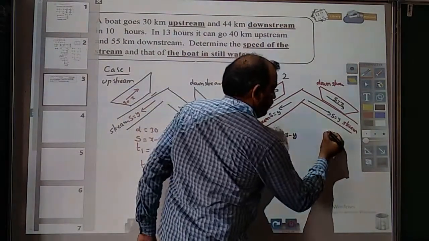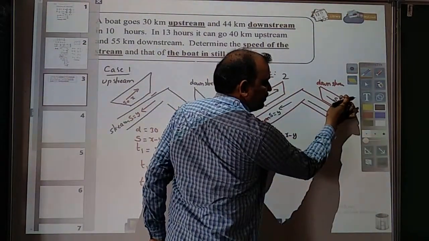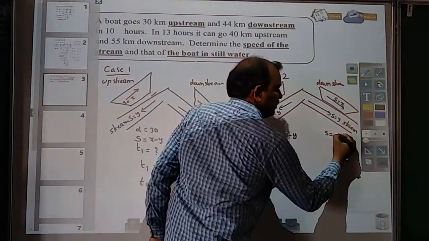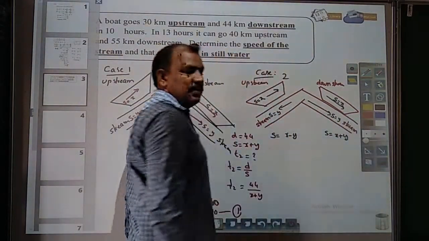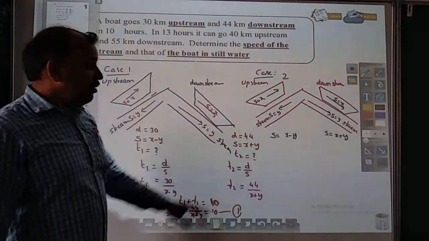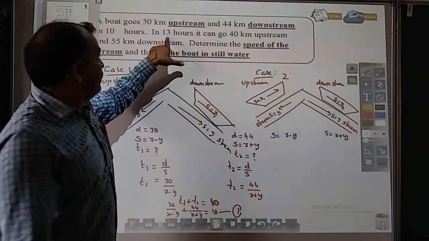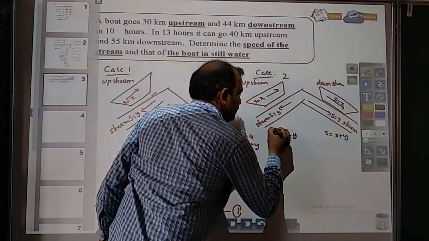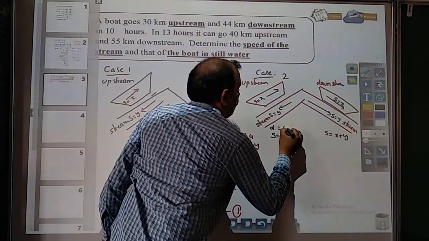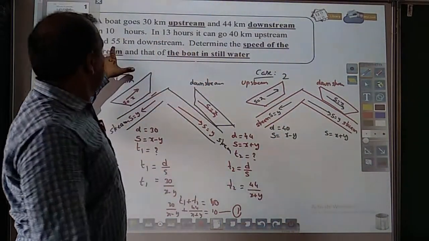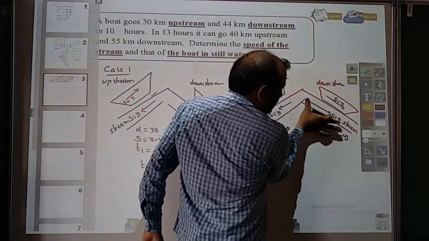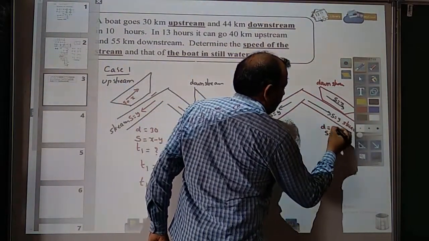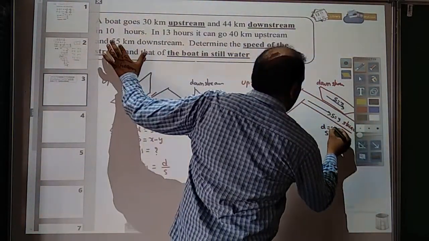In downstream, the same direction, it is plus, so s is equal to x plus y. According to the problem, the distance is also given. 40 kilometers upstream, so d is equal to 40 kilometers, and downstream is 55 kilometers, so d is equal to 55 kilometers.